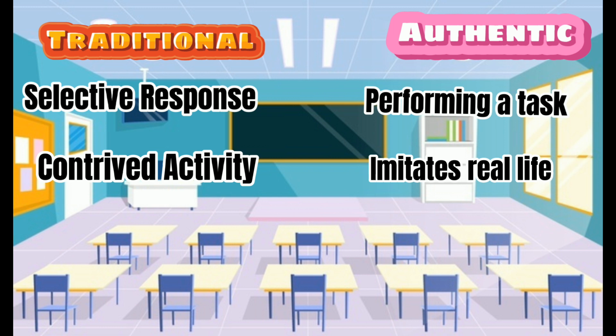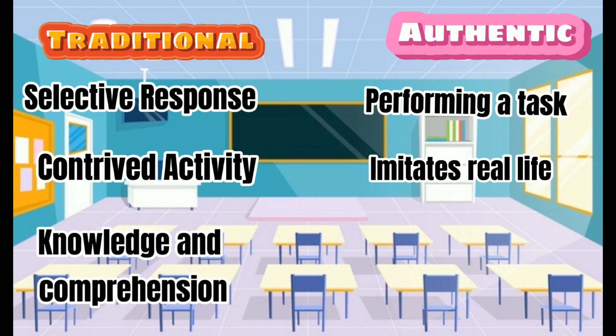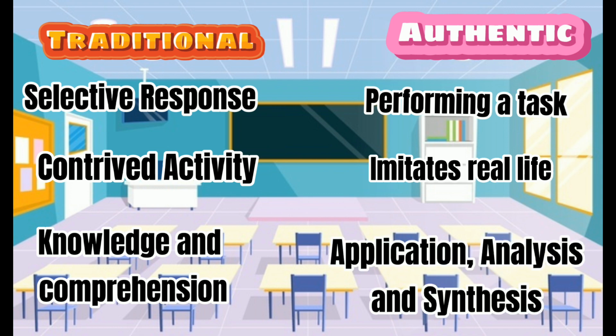In traditional assessment, the development of the cognitive level of the students is more on knowledge and comprehension, which is considered a lower order of thinking skills. Authentic assessment, on the other hand, focuses more on application, analysis, and synthesis.